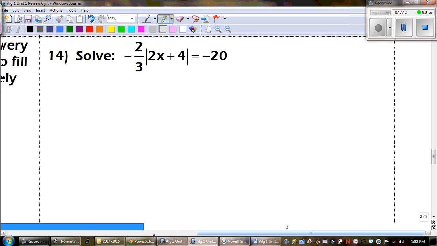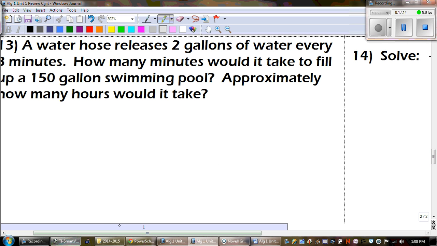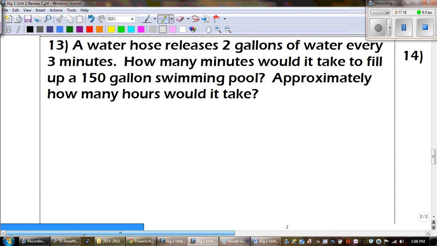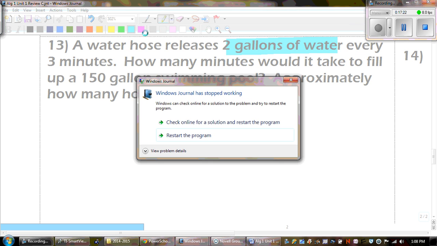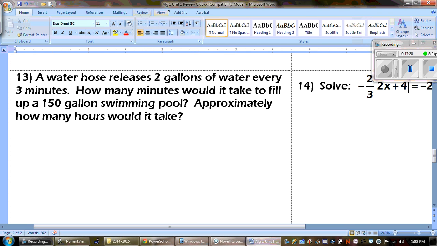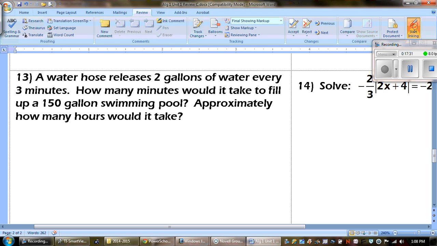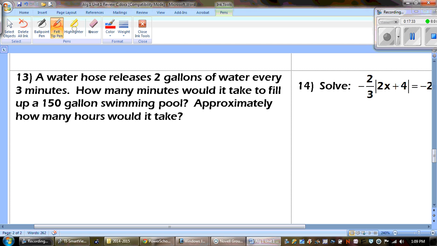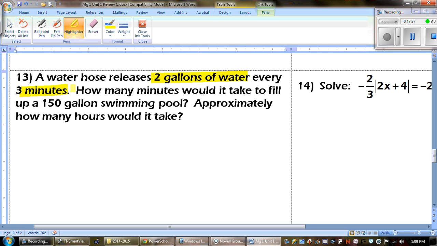Okay. We got 4 more. Number 13 says a water hose releases 2 gallons of water every 3 minutes.